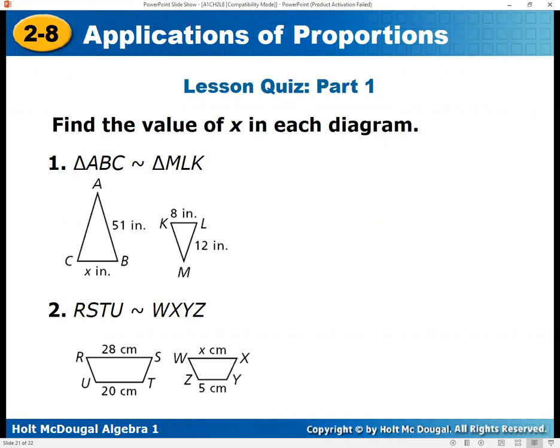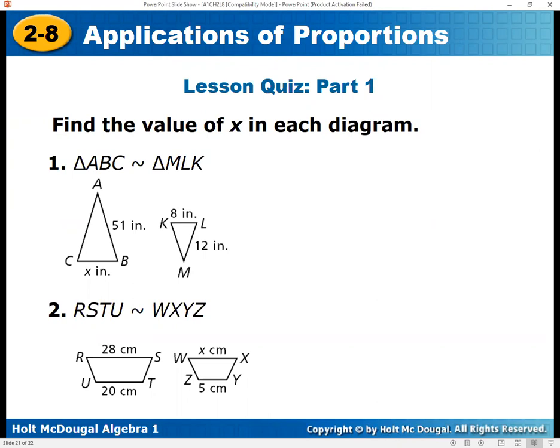Okay? Let's start. Now we will check together. We are going to determine where x is. It's donated for which side? CB. Which side will be corresponding to CB?